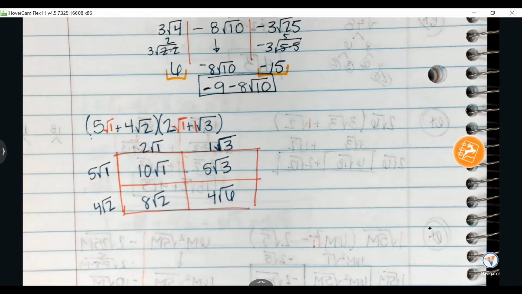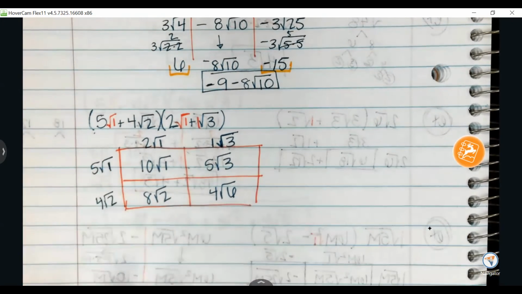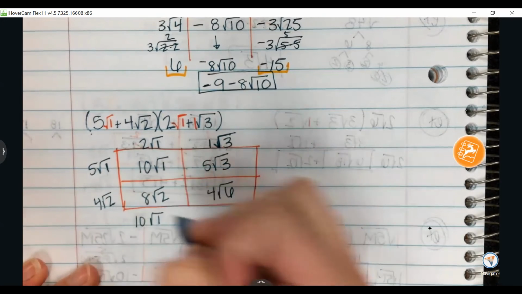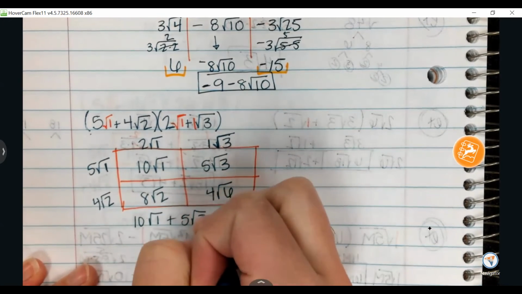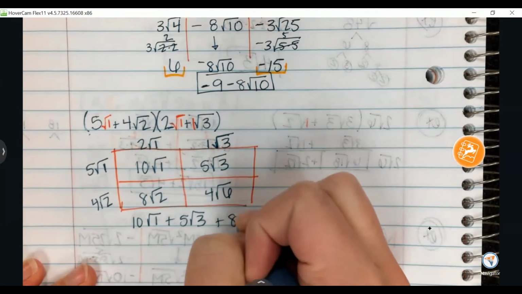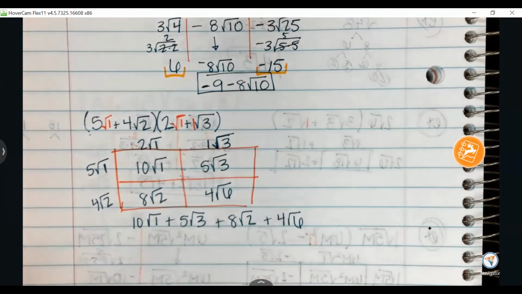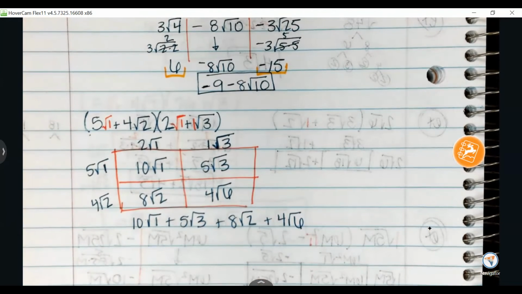Does anybody have questions about those numbers? What am I going to do with all 4 of those boxes now? Write them in one straight line. So I'm just going to start and write them in one straight line. I'm going to have 10 square roots of 1 plus 5 square roots of 3 plus 8 square roots of 2 plus 4 square roots of 6.